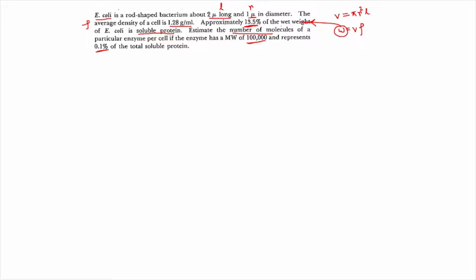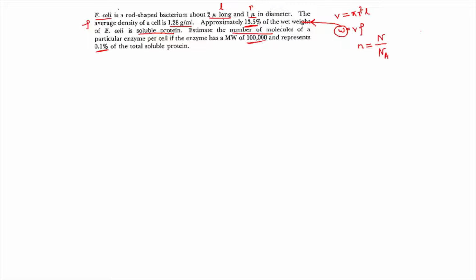And one thing, if you remember, how will you calculate the number of molecules? The number of moles is calculated as n by Na, where n is the number of molecules and Na is the Avogadro number.